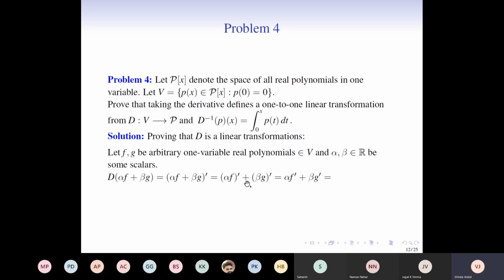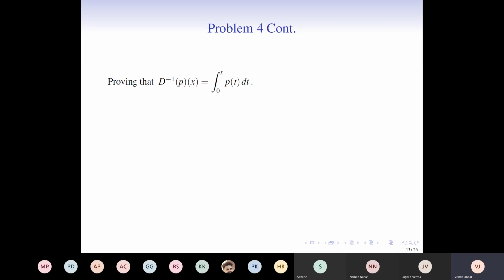Basically, we are using the properties of d/dx. So we get alpha f' plus beta g', which is nothing but alpha D(f) plus beta D(g). So we have proved that this is a linear transformation. This is the exact meaning of a linear transformation. So this proves that D is indeed a linear transformation.